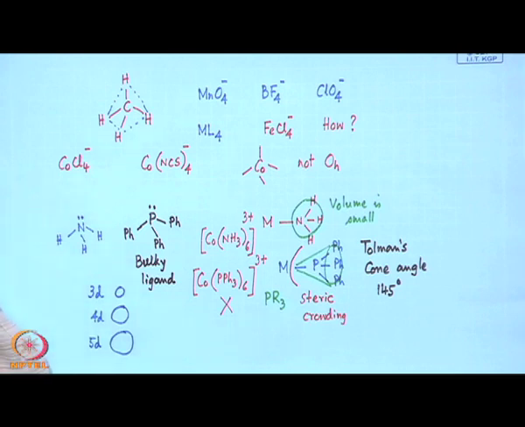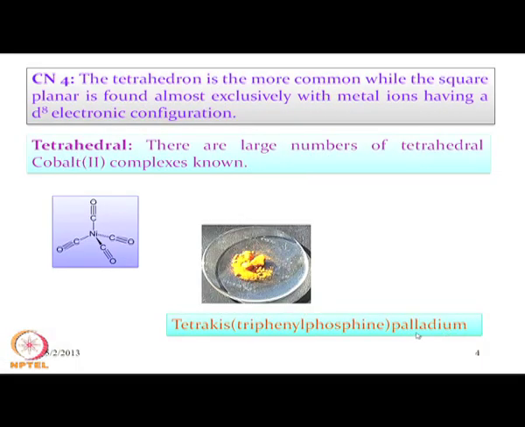So, one such example is palladium. When we attach these phosphine ligands, the corresponding oxidation states we can have are +2, +4 or 0.